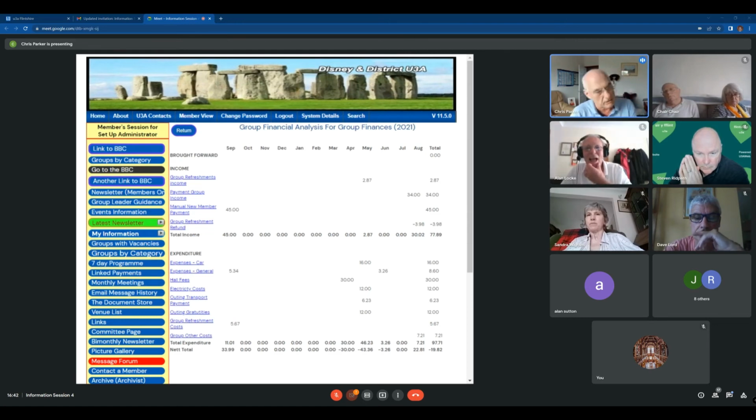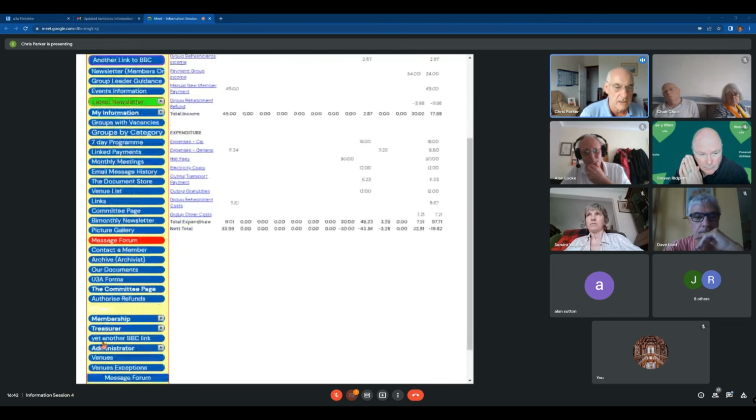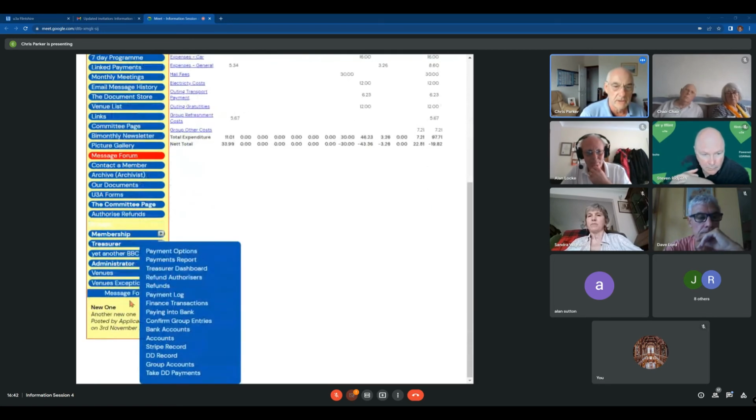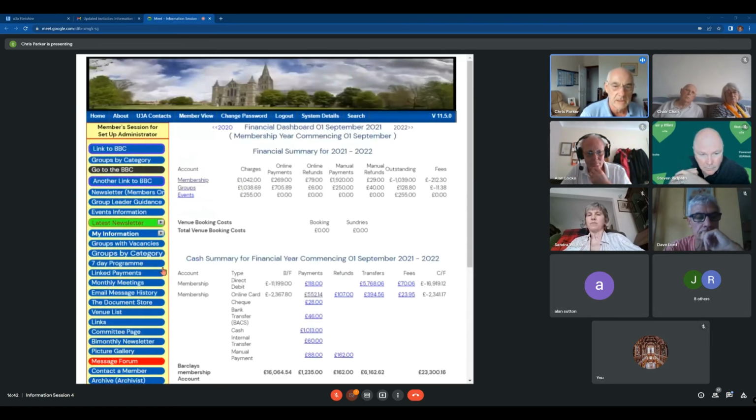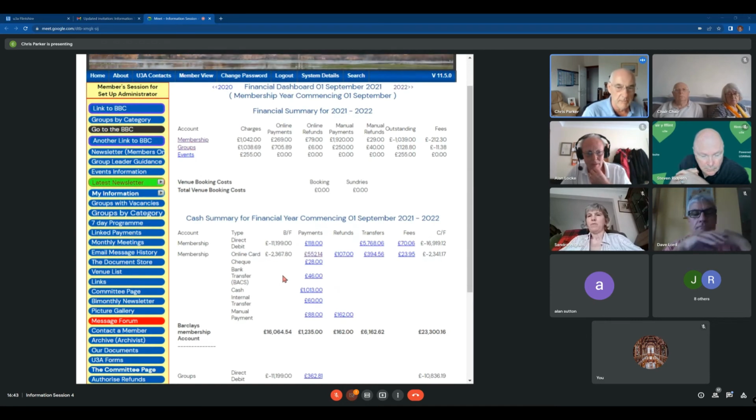The membership will go into the next year, and that's why there are two sections here on the Treasurer's dashboard. The top part recognises not when it was paid, but what it applies to, and the bottom part applies to when it was actually paid.